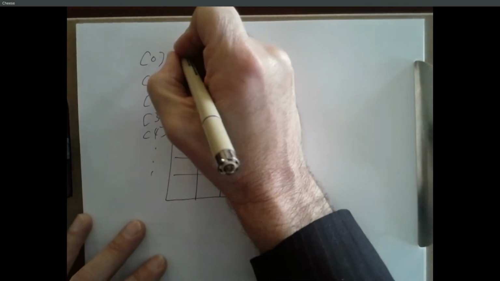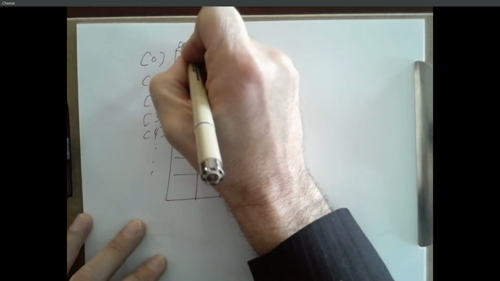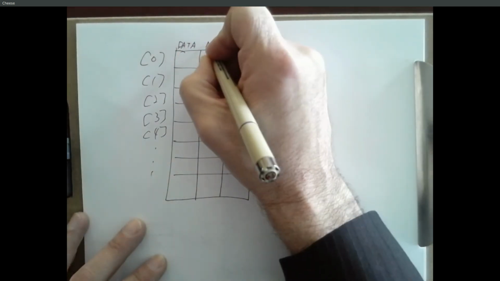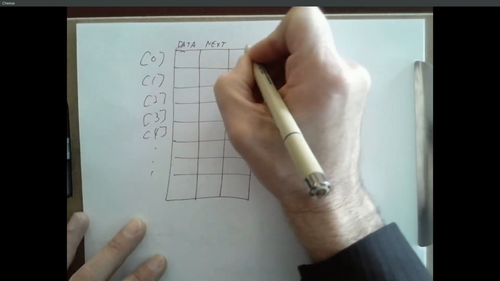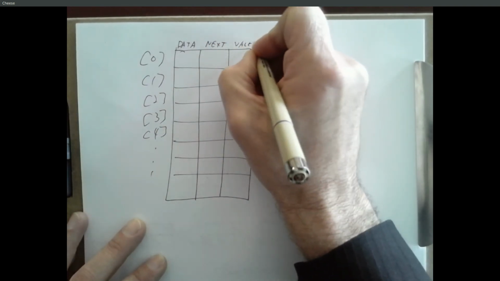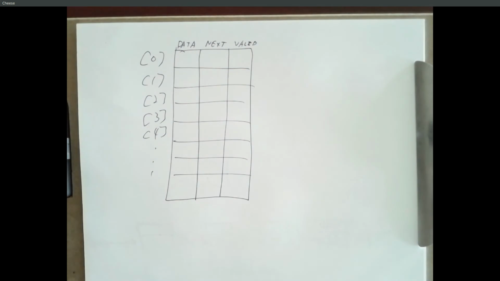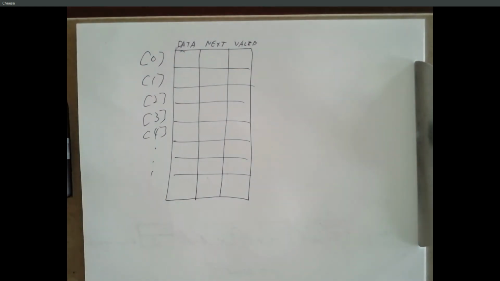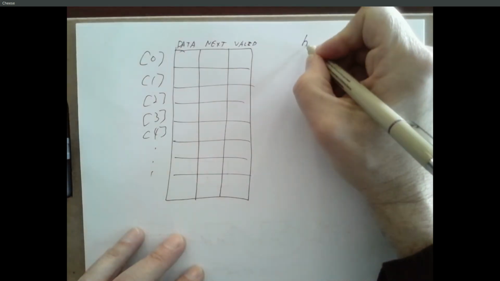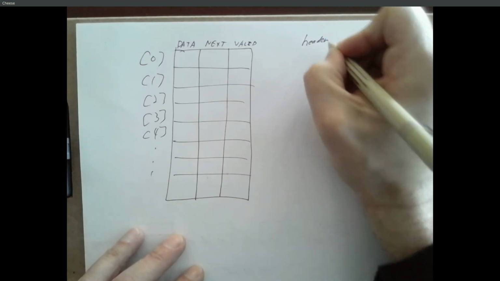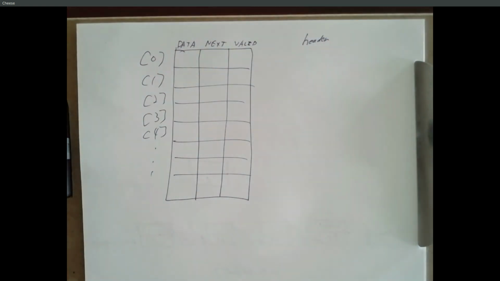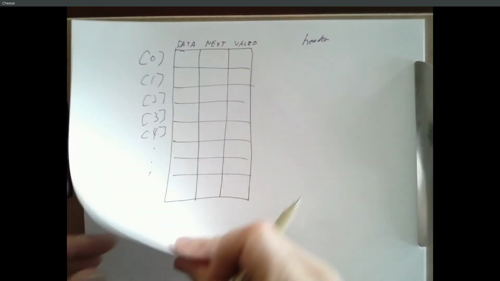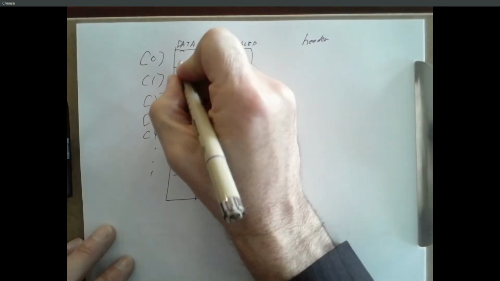I'm going to call this first field data. I'm going to call the second field next. And I'm going to call this third field valid. And I'm going to have a variable called header. And let me put together a list: 5, 10, 20, 23.